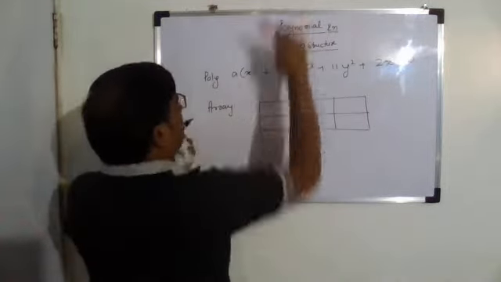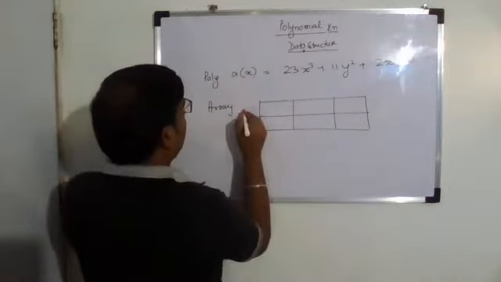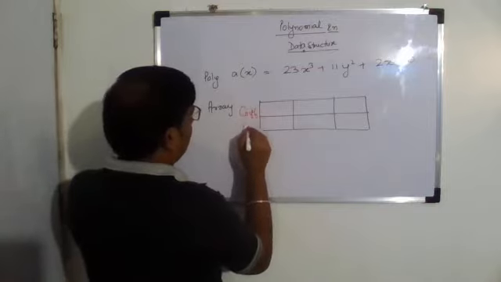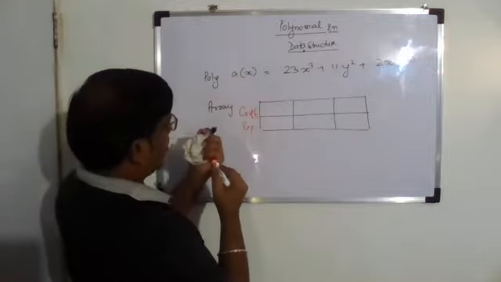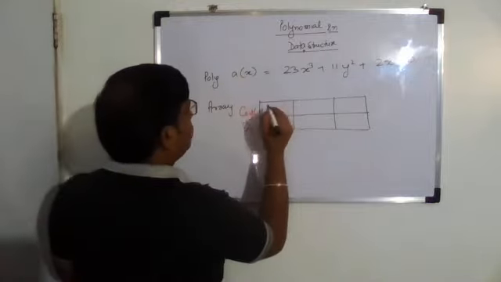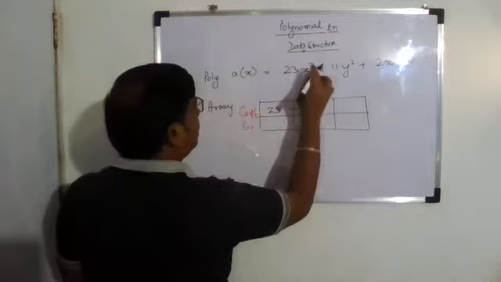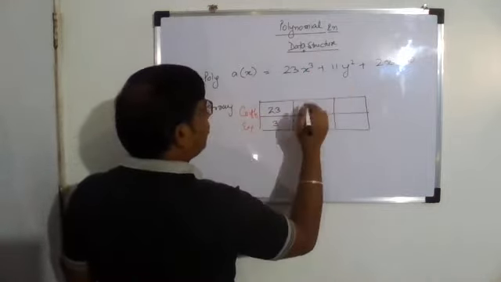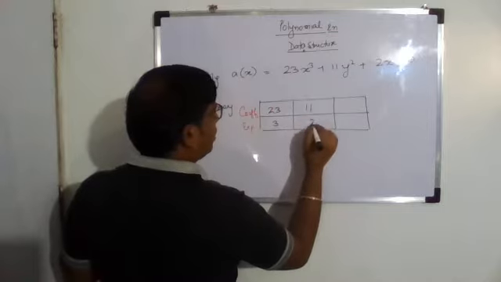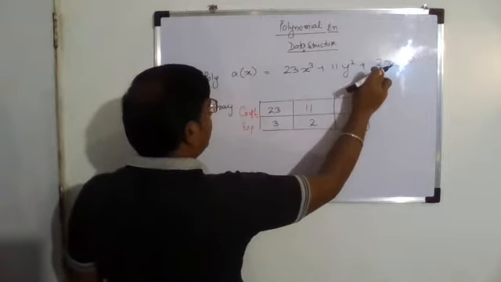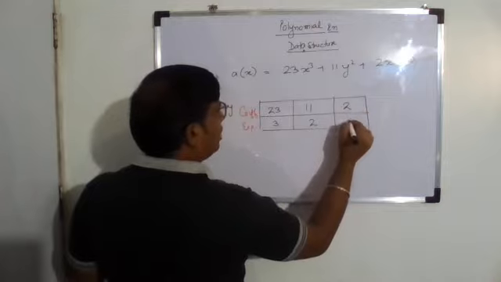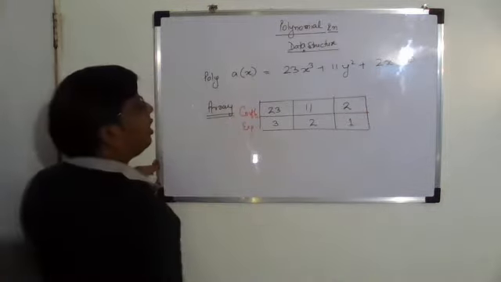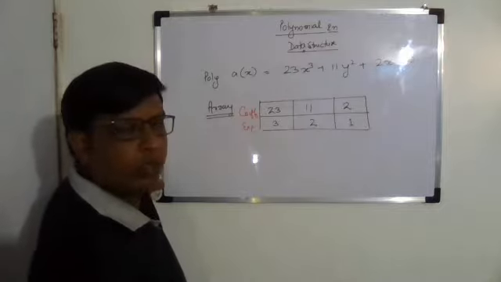This particular row is used for coefficient and this is used for exponent. So the first coefficient is 23 and the relative exponent is 3. Similarly, the coefficient is 11 and the exponent is 2. Similarly, the coefficient is 2 and the exponent is 1. Now this is an array representation for the polynomial.